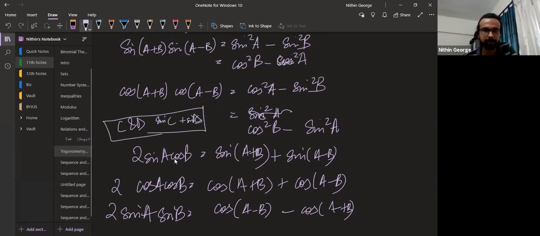All right. So practice the C and D formulas, practice the product formulas, and then come for next class. All right. So your homework would be to do trigonometry class 11 from the NCERT book. You'll practice JEE problems after that. All right. So that's a big homework I'm giving you, not a small one.